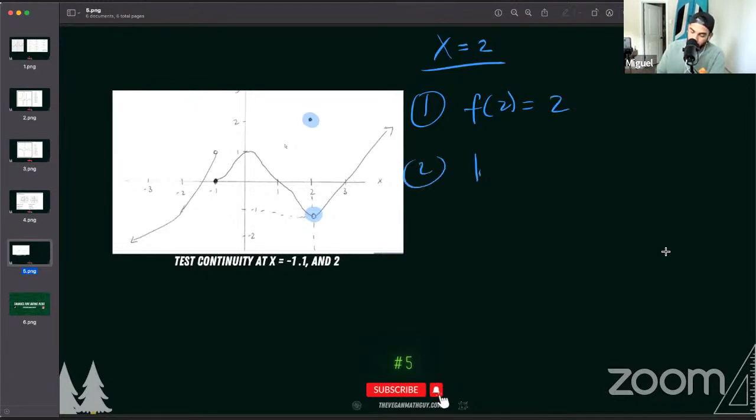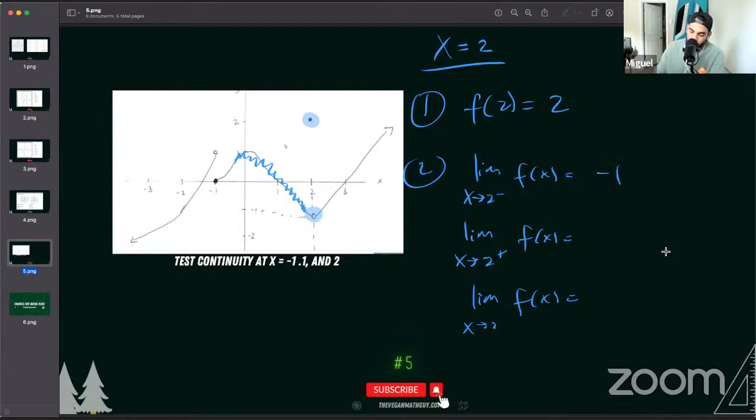Okay, step 2, the limit as x approaches 2 from the left, the limit as x approaches 2 from the right, and now we have the limit as x approaches 2. Okay, from the left side, it looks like it's approaching -1. This is a weird diagram, but yes, it's going to be -1.